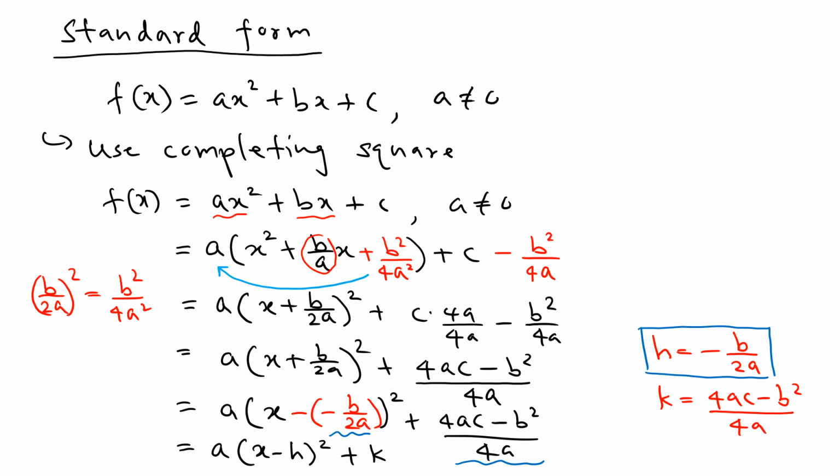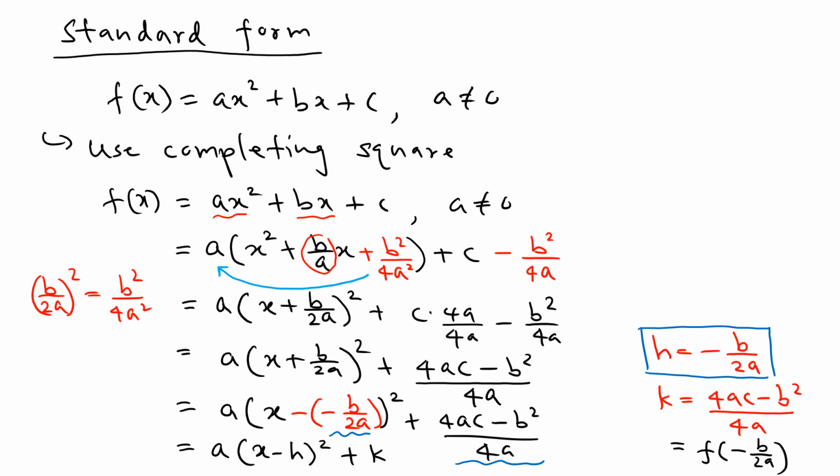Once you plug in the h value, the square term goes to 0, so you get the value, and that value is exactly k. So you don't need to remember k. k is simply calculated by plugging the h value into the function. So that means k is simply equal to f of minus b over 2a. That's what we remember, that's what we're going to use.